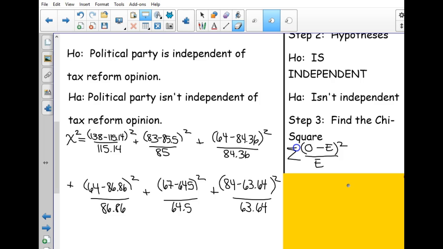Sinclair, do you have the first one? Yeah, it's 4.54. Megan, do you have the second one? 0.07. Yeah. Who had the third one? You think you got it wrong, did you say?